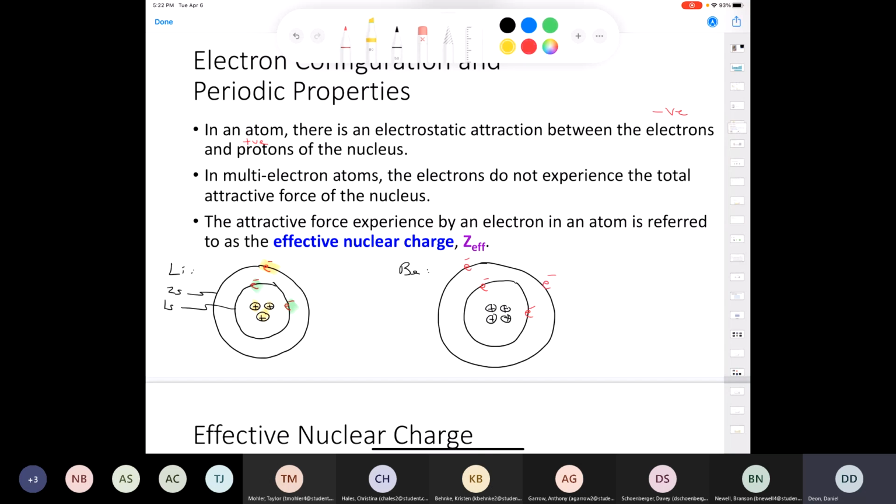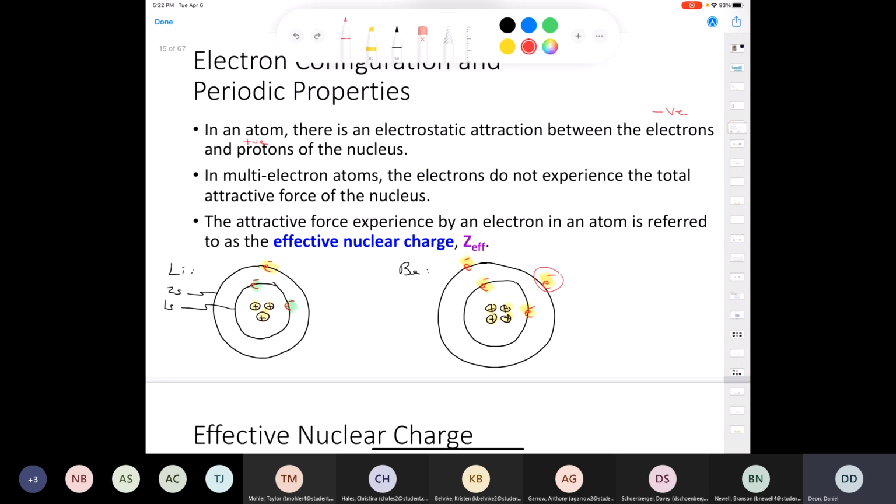So now instead of being 2 on 1, it's 2 on 2. Hopefully you're following me here. Now I have even more positive charge in my nucleus. And for this guy here, how much of the effect of the nucleus, which is even more positively charged, is he going to feel? It's going to feel more because now you've got fewer electrons blocking that positive charge per valence electron than you did over here.